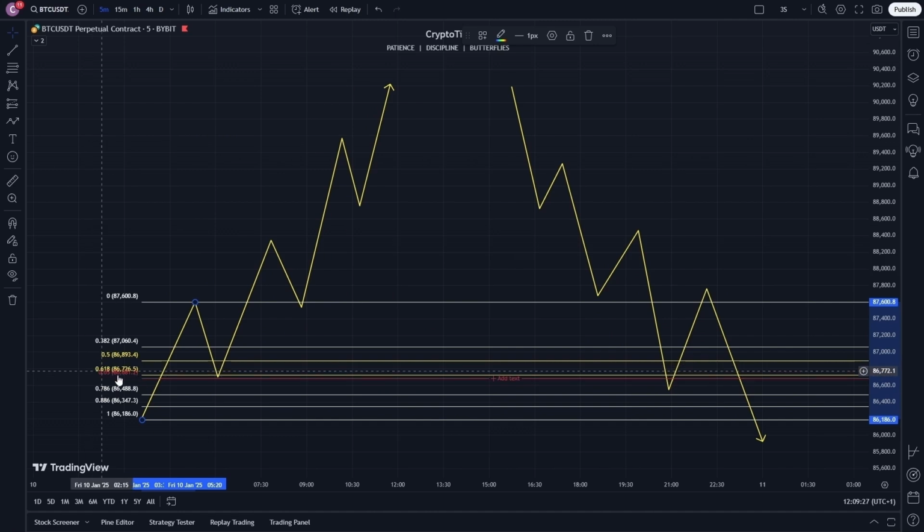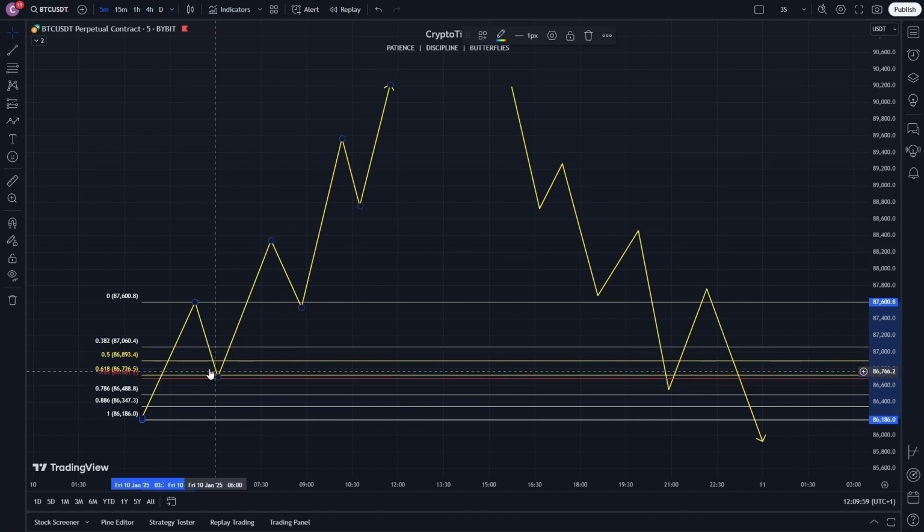618 to 65, this is called the golden pocket. Why? The 618 is the strongest zone based on the golden ratio of Fib, and 65 is just some margin, a bit of wiggle room. So this is, or should be, our strongest form of support. We can see price retraced back into it, and from there we bounce.